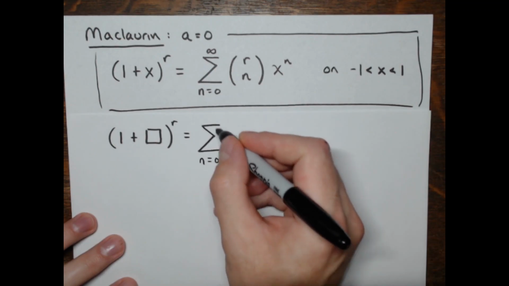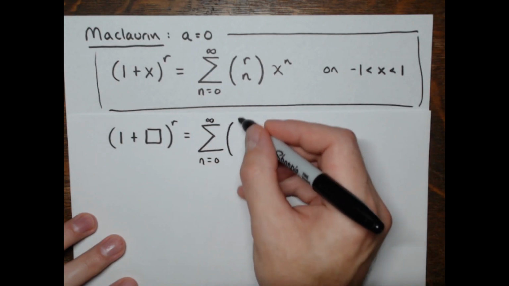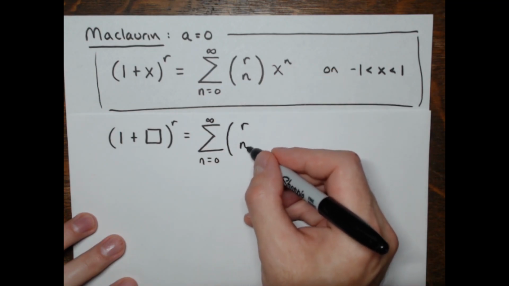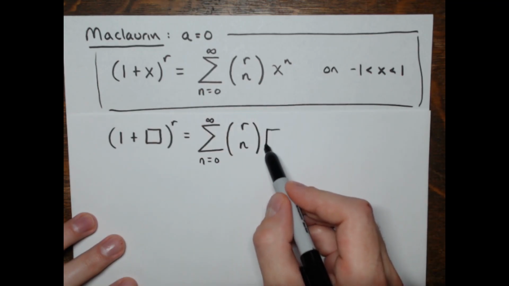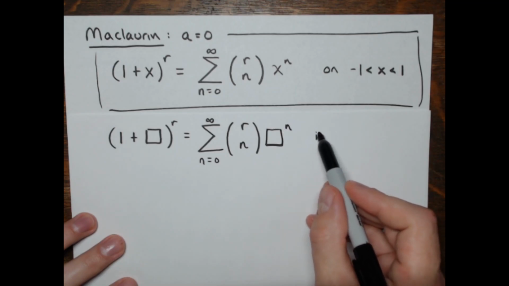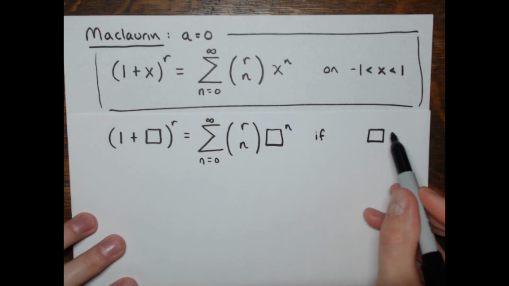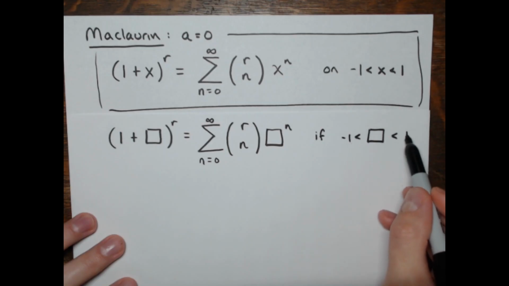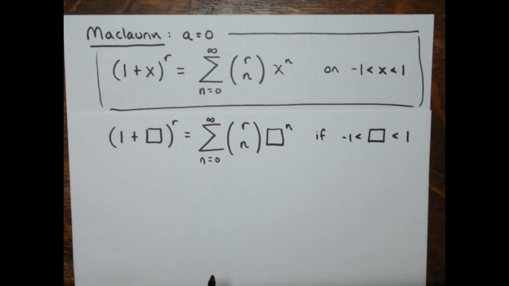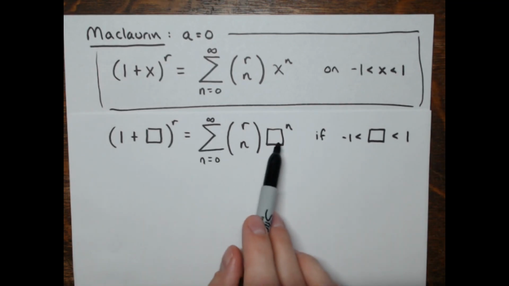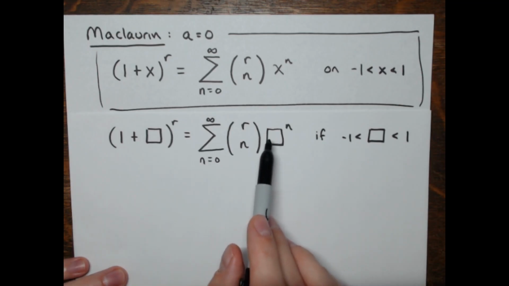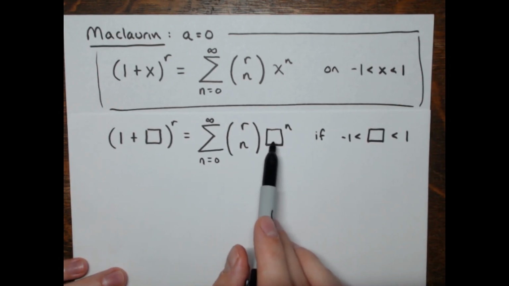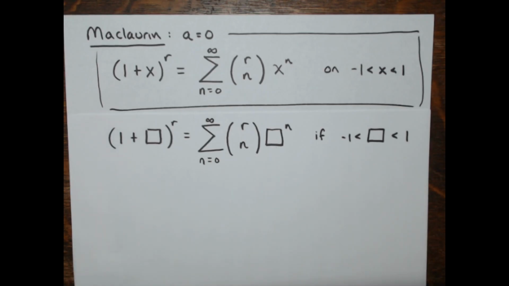The sum from n equals 0 to infinity of this r choose n deal, and then times whatever was in the box here to the nth power, as long as whatever's in that box is between -1 and 1, though. So this actually gives me not just the Maclaurin, but if I had x minus a here, that would give me some series centered at a.